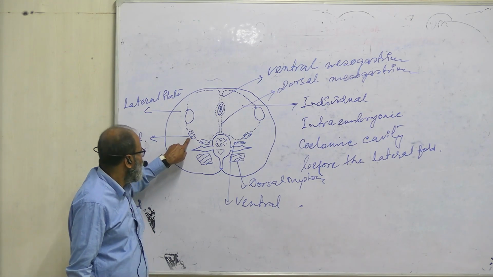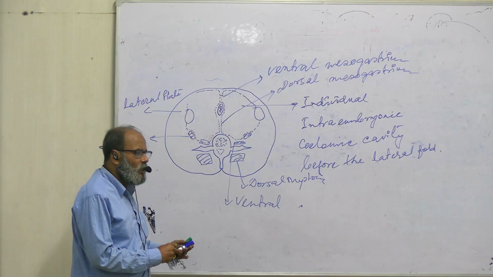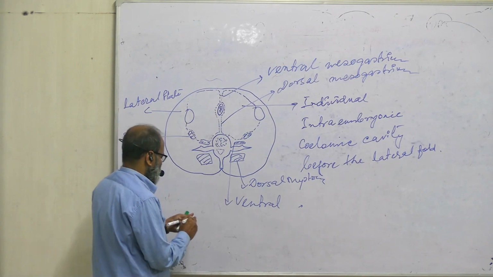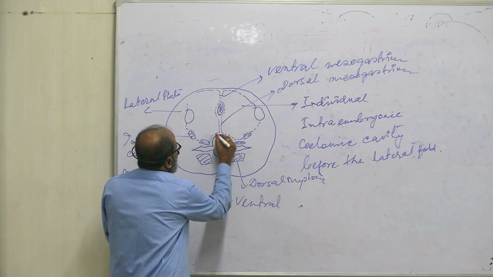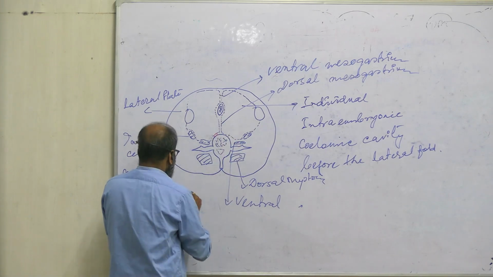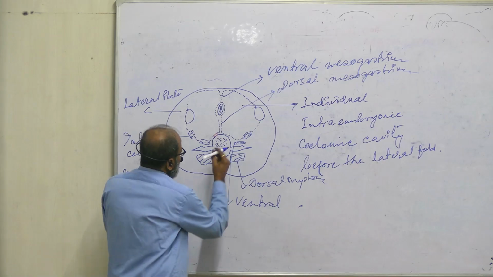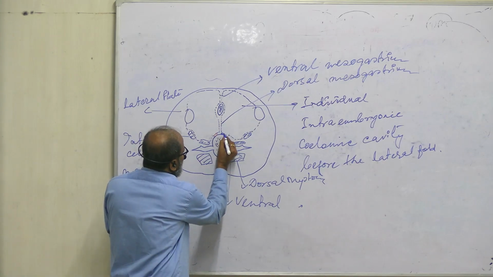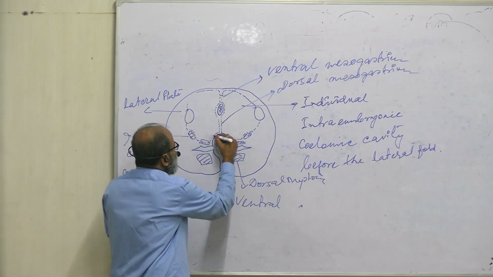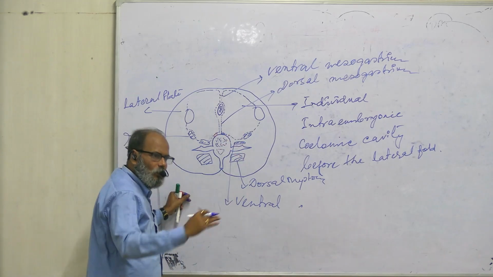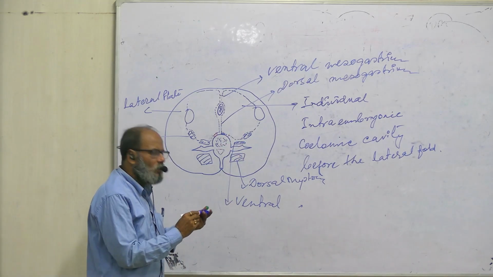And our blood vessels, the inferior vena cava and abdominal aorta, are all here. Here is the abdominal aorta, here is the inferior vena cava. So again, this will be a retroperitoneal structure, and this will also be a retroperitoneal structure.